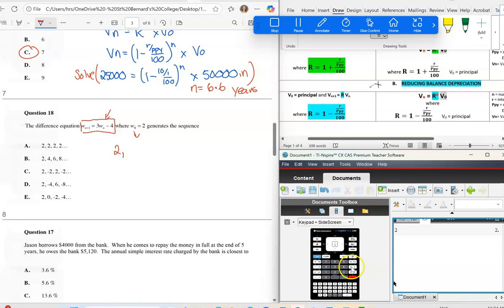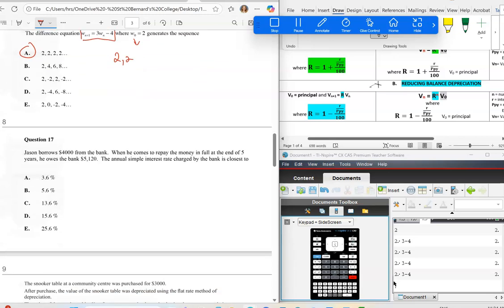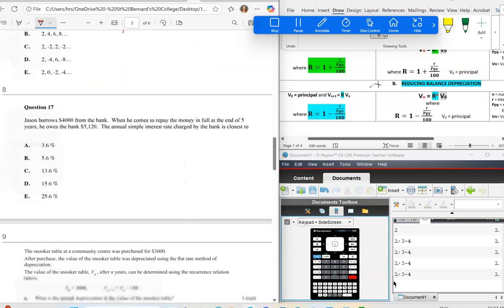The rule says to times by 3, the one before, and then minus 4. So minus 4, press enter. My next one's 2. So what's the next one going to be? 2. So the answer, A. So you can just do them on your calculator. You don't have to get confused, just pop it in and see how you go.